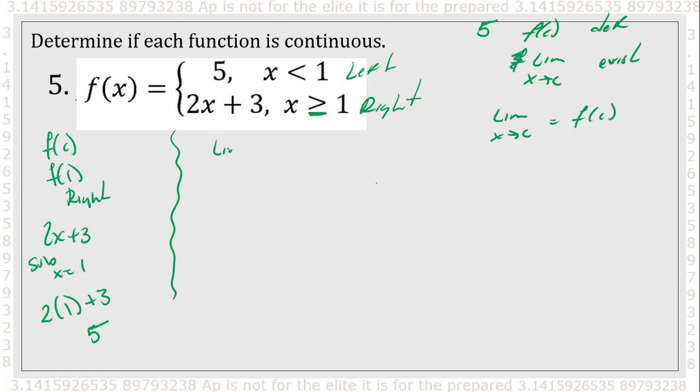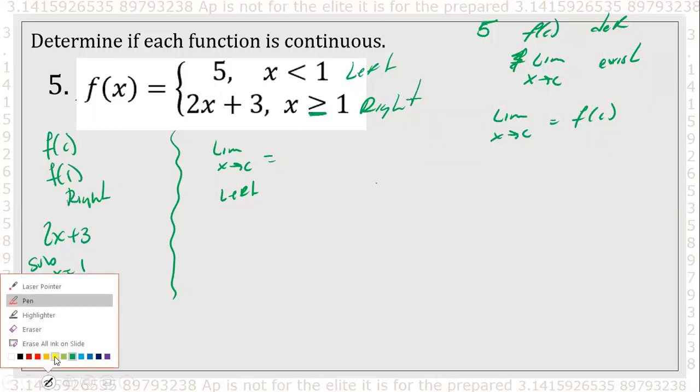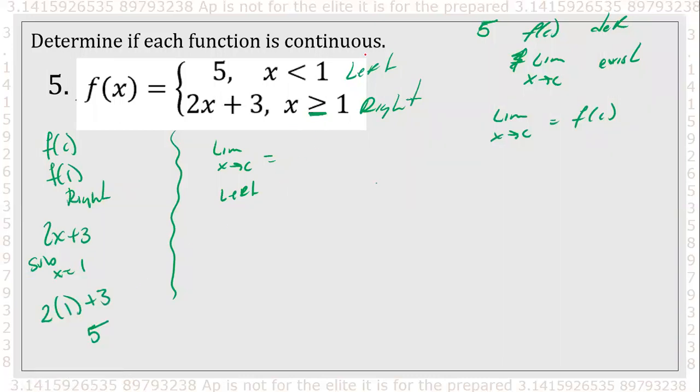The limit as x approaches c, does it exist? Well, I need to check my left. Now, this looks funny to me, but it's not that bad. This is saying that for all numbers, no matter what x is, to the left of 1 the value is 5, no matter what you do. So it's going to be 5 no matter what, because it's on the left. Is it equal to the right?